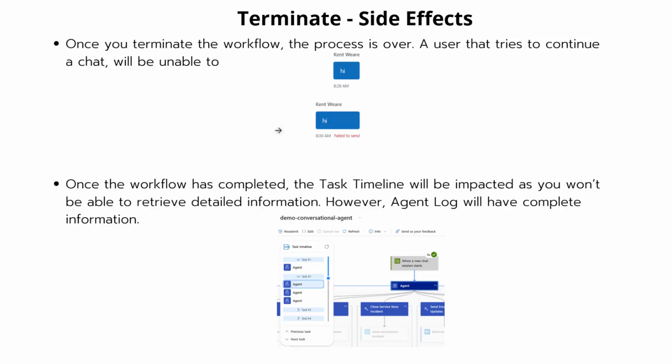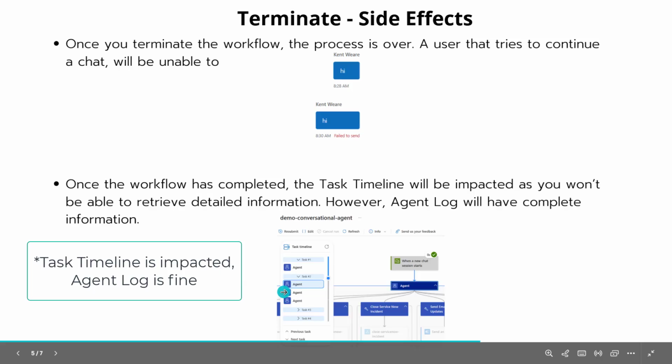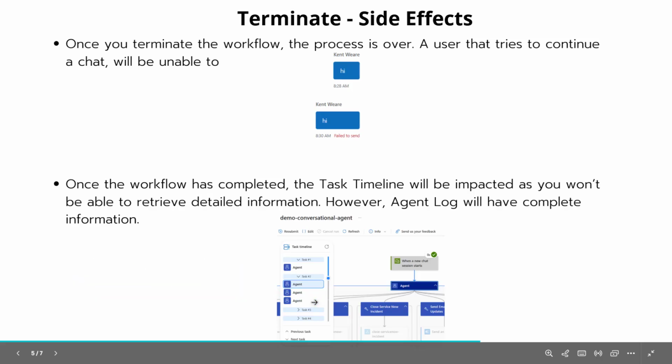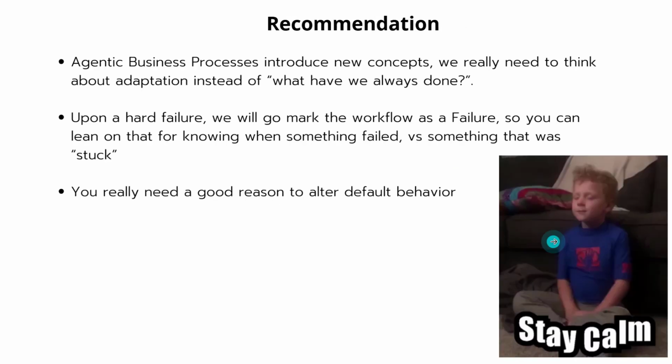There is no way to rehydrate that. The other thing is that there are some side effects in terms of your run history. The agent log will still show up here, but your ability to dive deeper into those steps will be impacted. That's probably pretty important for folks, and so that would be a reason not to do this.